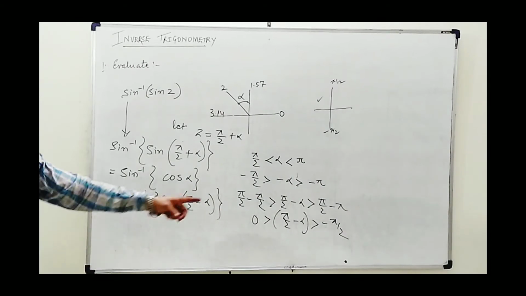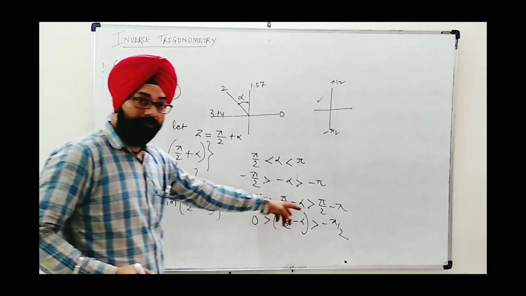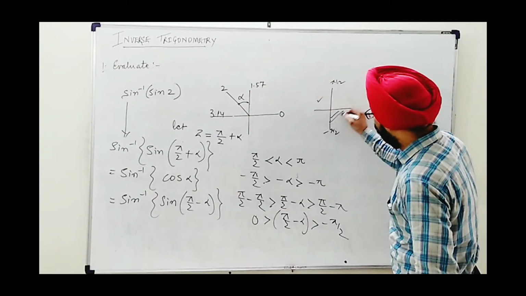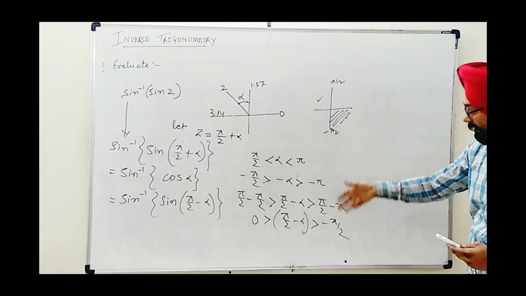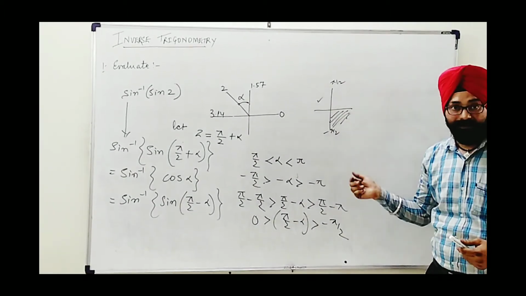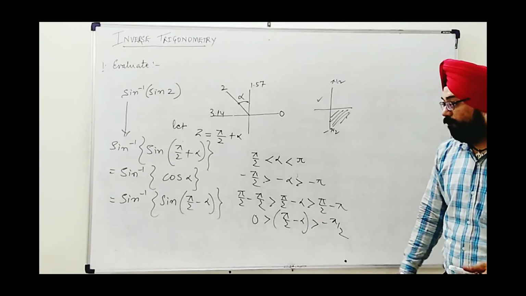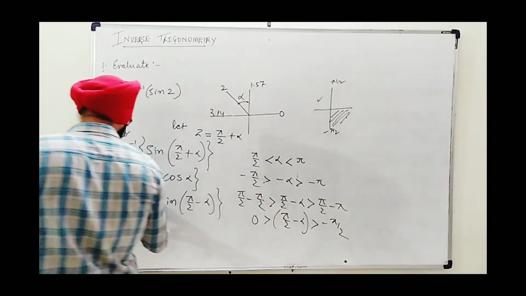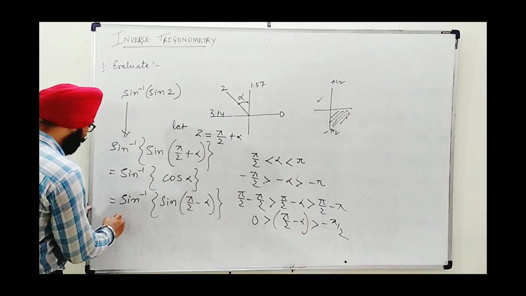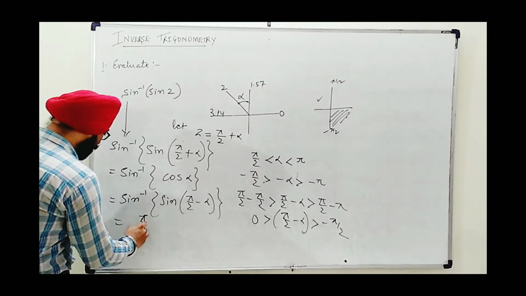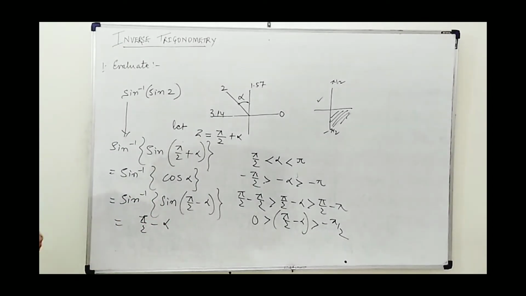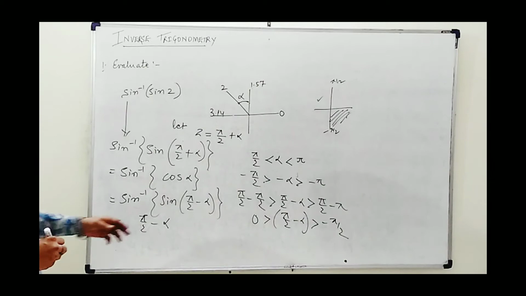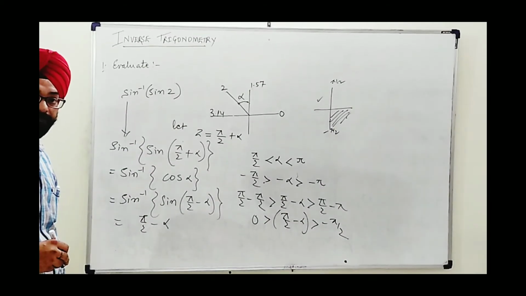This means its value lies between 0 and minus pi by 2. Yes, now it has come back to the principal domain by this method. So we can now cancel by the law of cancellation, and we have as the result pi by 2 minus alpha. But the problem is alpha is not given.